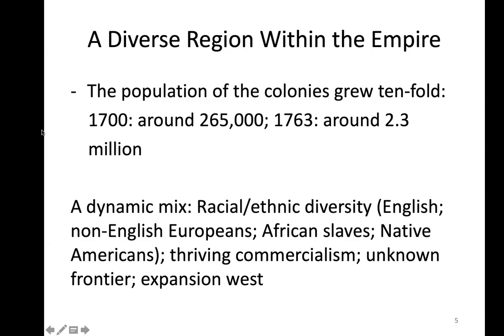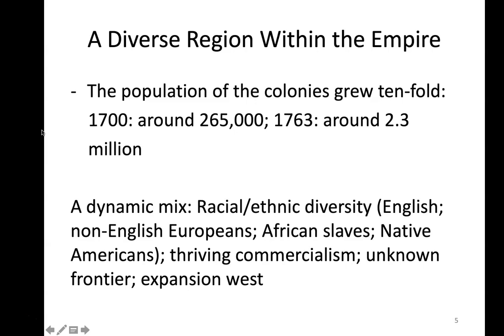You don't have large cities in the South until well into the 20th century, let alone ethnic neighborhoods. Okay, it just bespeaks the degree to which slavery actually determines the nature of growth in the South compared to other parts. All right, so you do see diversity, and that's a main theme here in the North and Middle colonies, but probably in the South, it's not as diverse.